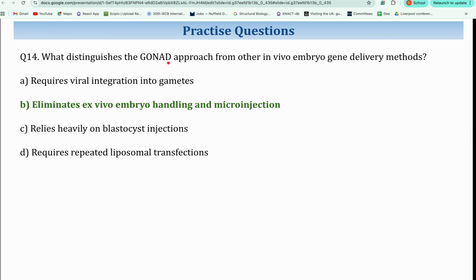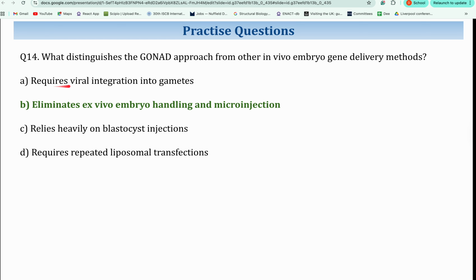This method allows nucleic acid or CRISPR reagents to be introduced directly into the embryos inside the oviduct. So this avoids the need for removing the embryos from the mother, culturing them and doing the micromanipulation injections. That's why it eliminates ex vivo embryo handling and microinjection.